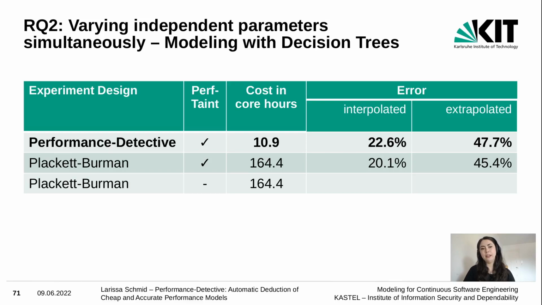However, if we use the Plackett-Berman sampling design, we can see that they are around the same, and so the use of the performance detective experiment design still provides the same accuracy as the much more expensive Plackett-Berman sampling design.